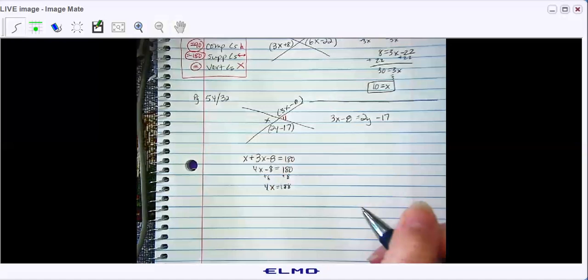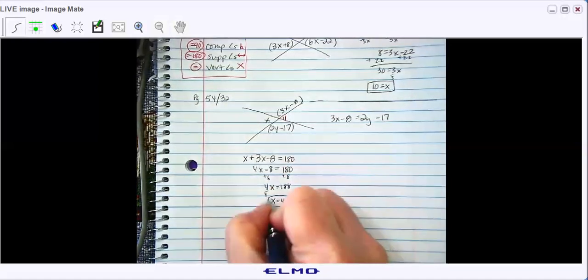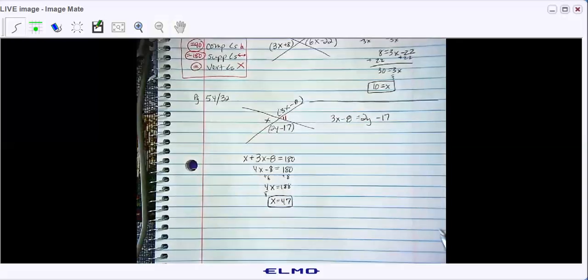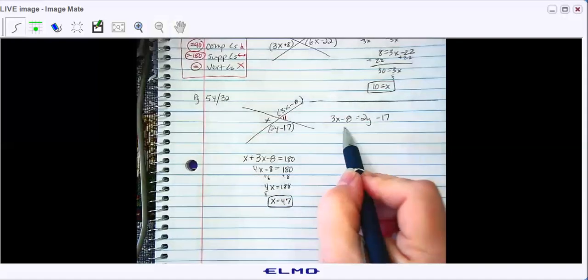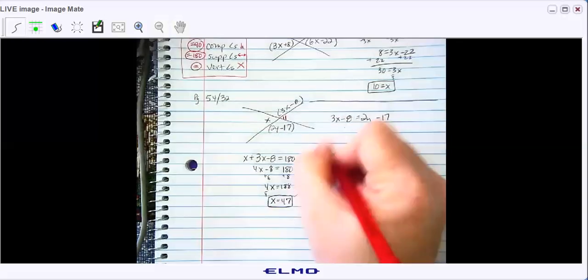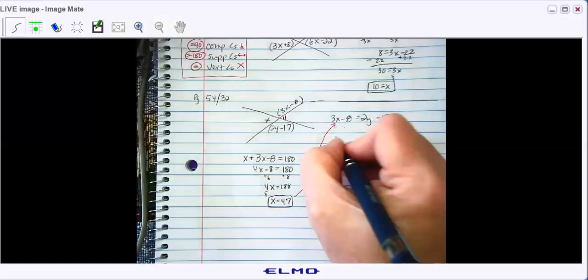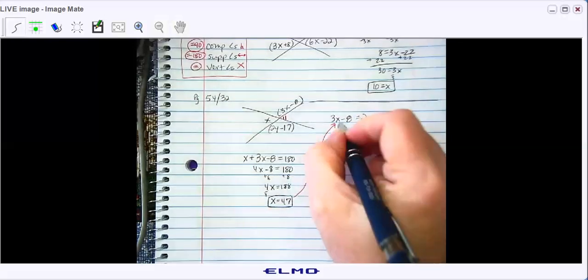And dividing both sides by 4, I get x equals 47. Okay, now that helps a lot because this equation up here wasn't totally useless because now I can take that x and substitute it right there. And then I can solve for y. So 3 times the value of x, which was 47.